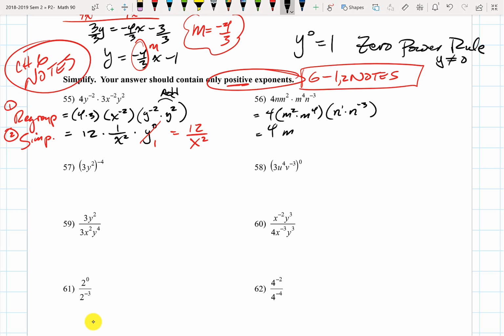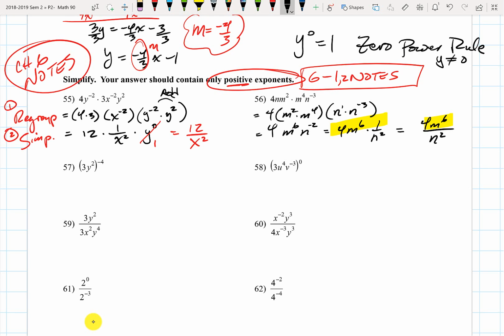We get 4 times m to the 6th power times n to the negative 2 power. That's 4m to the 6th times 1 divided by n squared. You rewrite that as one fraction, so you get 4m to the 6th divided by n squared.